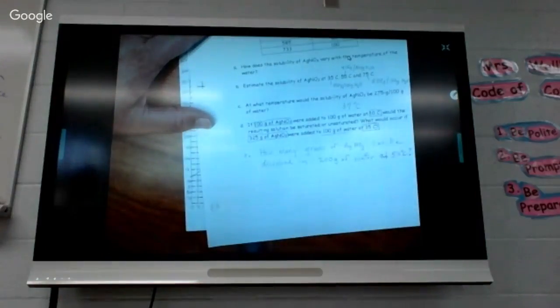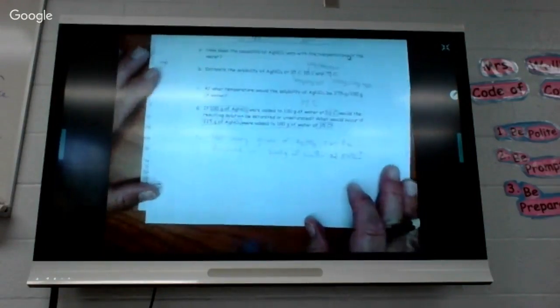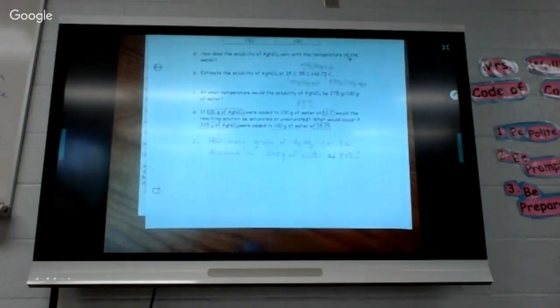Okay, write that down. How many grams of silver nitrate in 200 grams of water at 50 degrees Celsius?